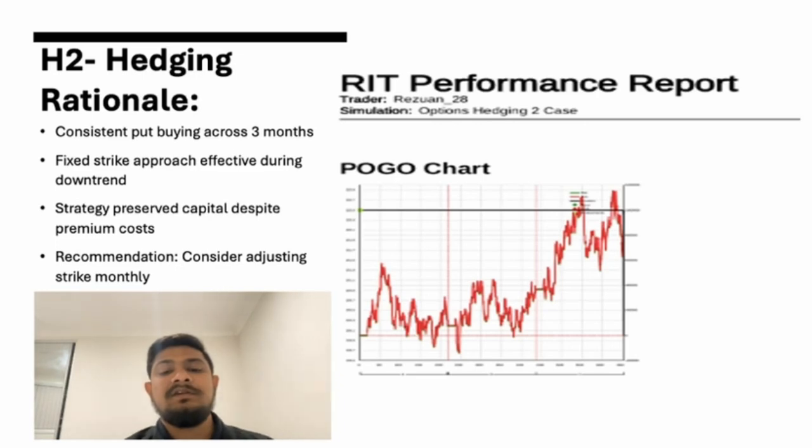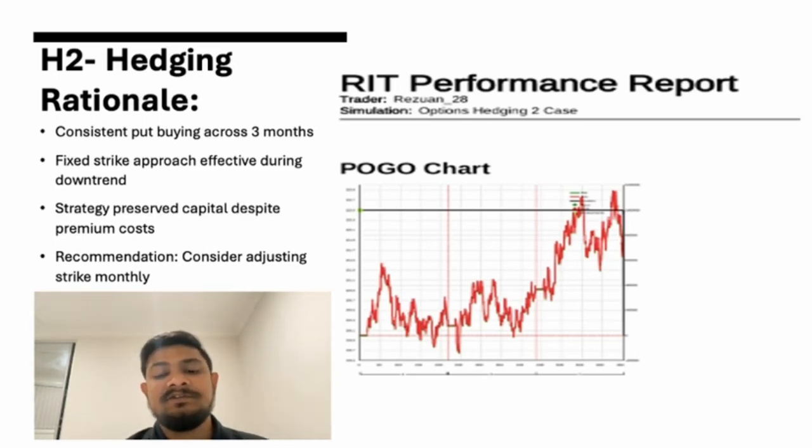So finally, the rationale behind this approach: we maintained consistent put buying over the 3 months, which ensured protection throughout the simulation period. The fixed strike price at 19 was effective during the period of decline, though it became less effective when the stock price rose.